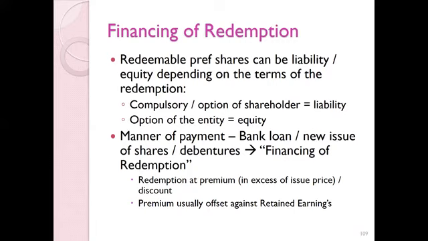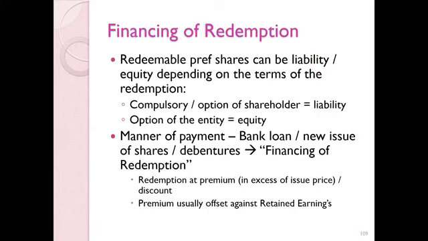If the redemption is at the option of the entity, we assume that we're not going to want to redeem them. We want to keep these shareholders. That is the more expected outcome, and therefore it's treated as equity. So the manner of repayment, where you've got that first scenario of compulsory or at the option of the shareholder, it's a liability. We would need to look at various sources, internal, external, perhaps equity, to then finance the redemption of these redeemable preference shares.